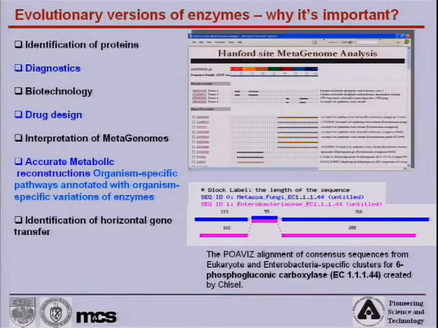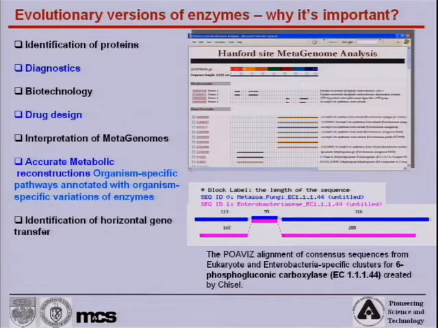Why is it important to identify these taxonomic and phenotypic variations of functions? First, for identification of the protein and high-throughput analysis, but what is interesting is diagnostics. If, for example, there is a biodefense problem, you want to identify organisms without sequencing really fast.